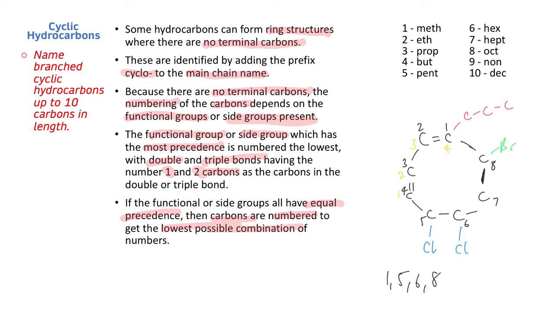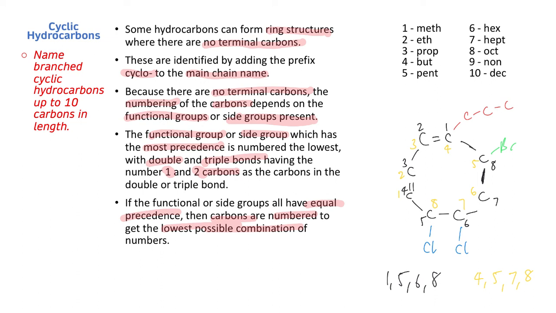If I use the yellow numbering, I'll have something on 4, 5, 7, and 8. Which one has the lower combination? The black, anti-clockwise numbering. So that would be the one picked to give the numbering system.